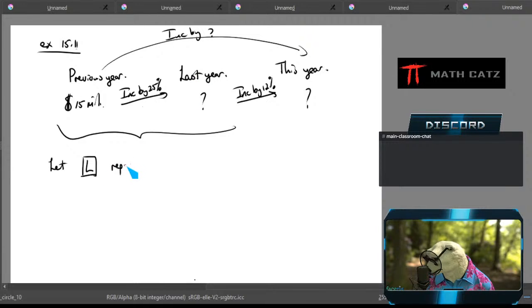That's going to represent last year's budget. And I'm just going to have the millions in the unit, so I don't have to worry about all the zeros. So I can just call the previous year 15. If I don't have this portion here, then I have to have 15, 0, 0, 0, 0, 0, and so on.